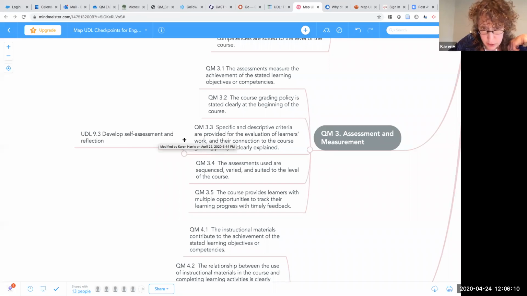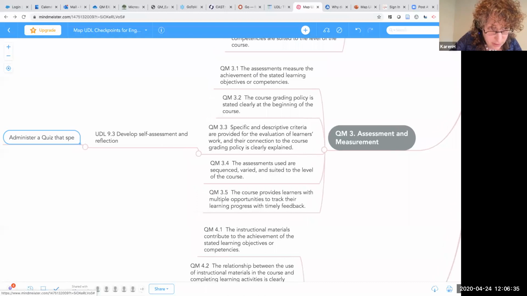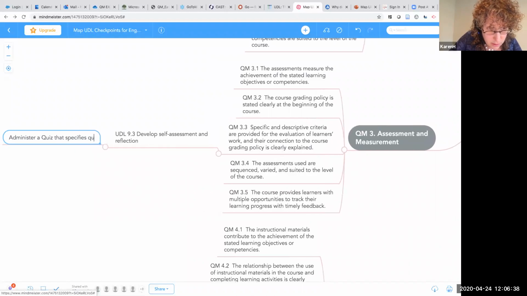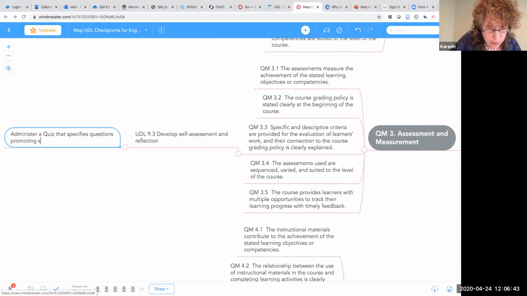So if I come here to this one, which I had shown, which is about assessment and measurement, and I'm suggesting that we can align developing self-assessment and reflection here, I can suggest another level, perhaps saying administer a quiz that specifies questions promoting self-assessment.